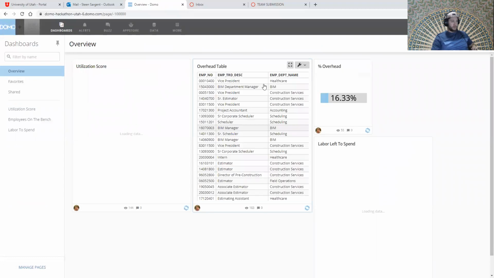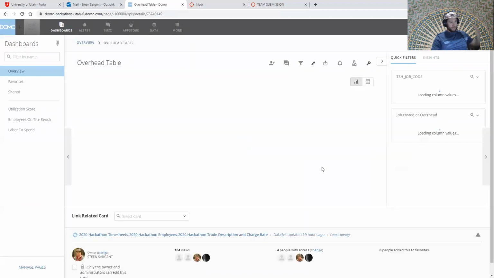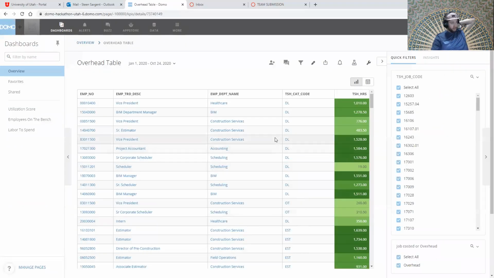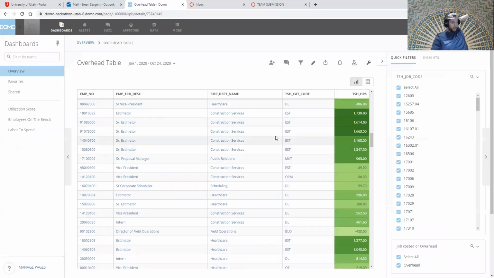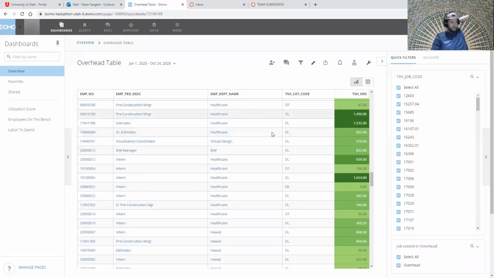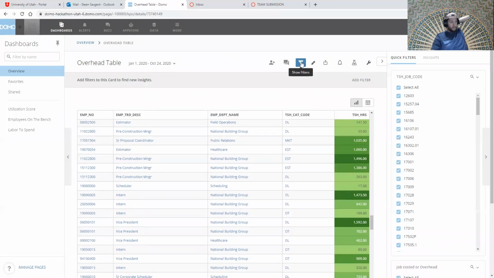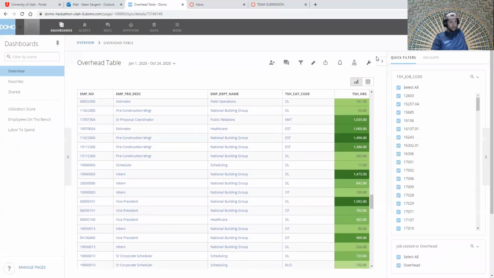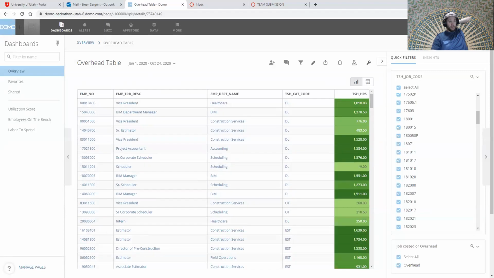Inside of our total view, we have our table here that's fairly easy to read off of and can be filtered. We can sort by job codes and whatnot.